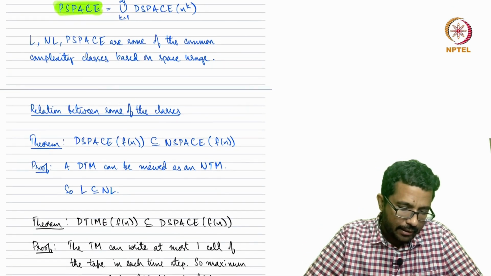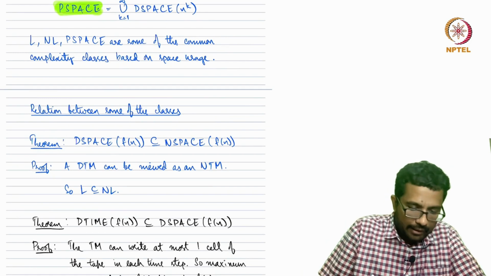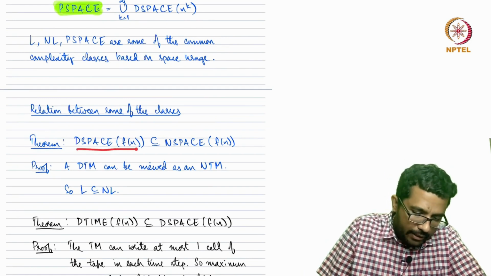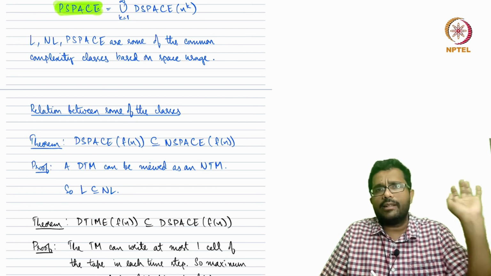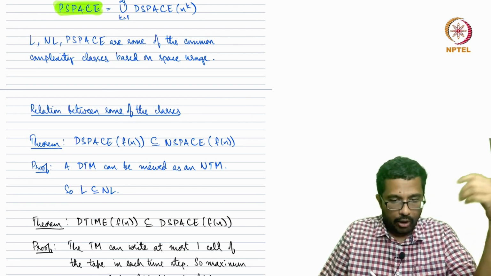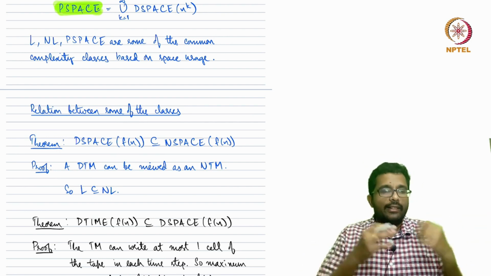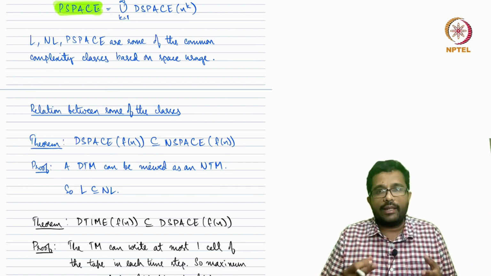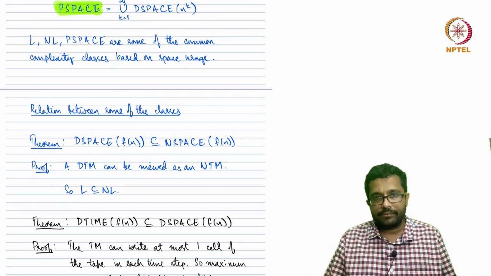So first thing is that for any function f(n), DSPACE(f(n)) is contained in NSPACE(f(n)). We saw something similar in time. DTIME(f(n)) is contained in NTIME(f(n)), because a non-deterministic Turing machine can just act like a deterministic Turing machine. In other words, a deterministic Turing machine can be viewed as a non-deterministic Turing machine that does not use all the options.